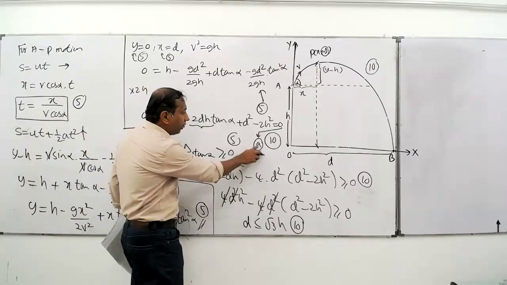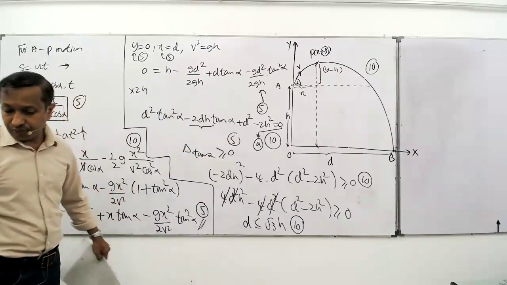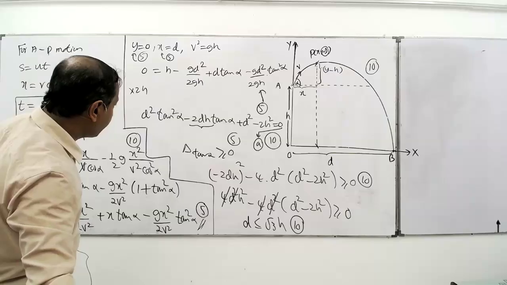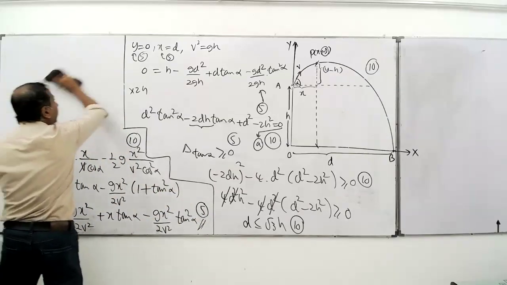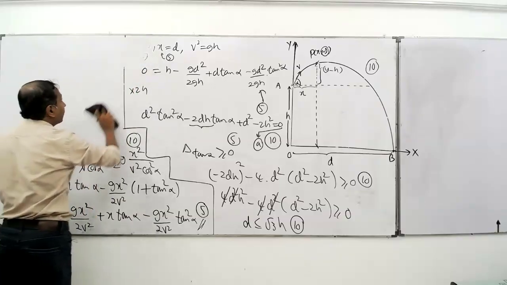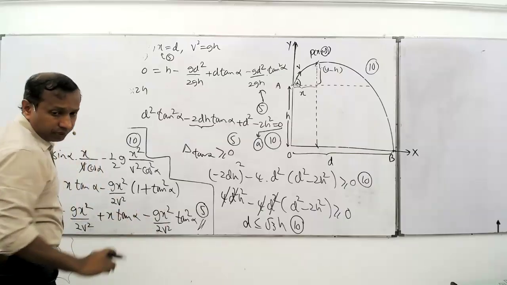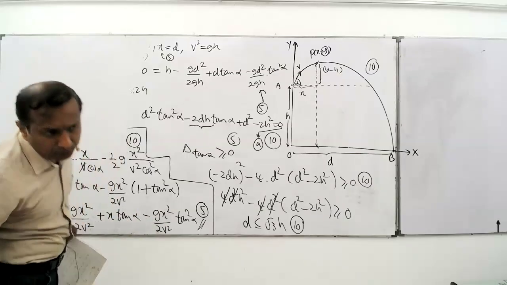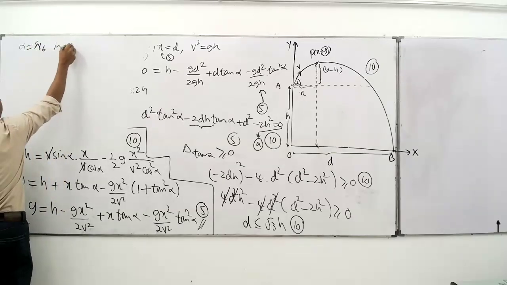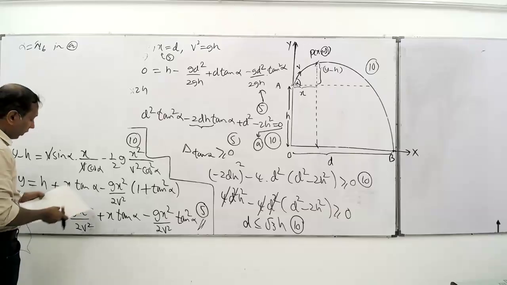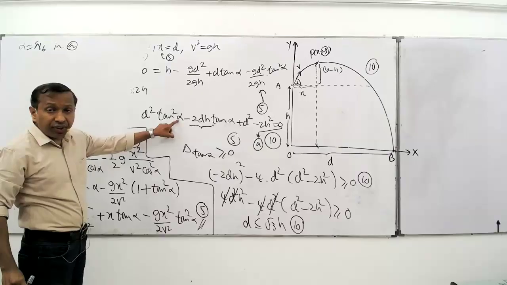If alpha equals 30 in equation A, this is equation A, no? Put alpha equals 30 in equation A. What do you get there? Here, tan squared 30. What is tan 30, people?